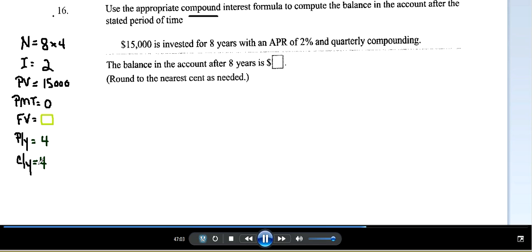There's all our categories filled in. We go back up to the future value, and then we hit our alpha enter key, and we should get our future value for number 16, which is going to be 17,595.